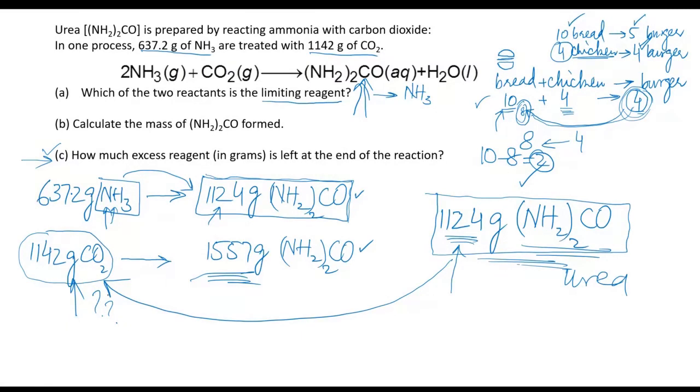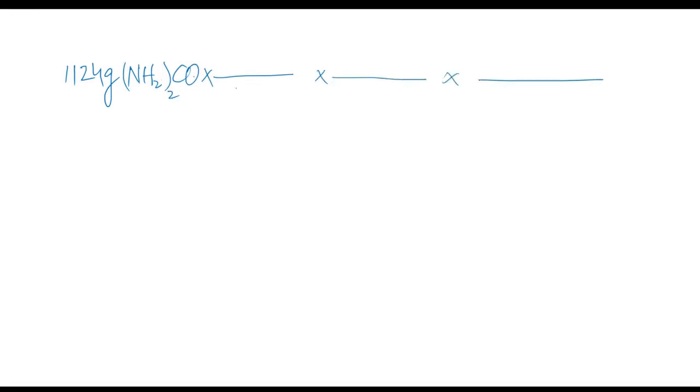How will you calculate? By using the 5-step method. Okay, use 1124 gram of urea. Multiply and divide. Change gram to mole.